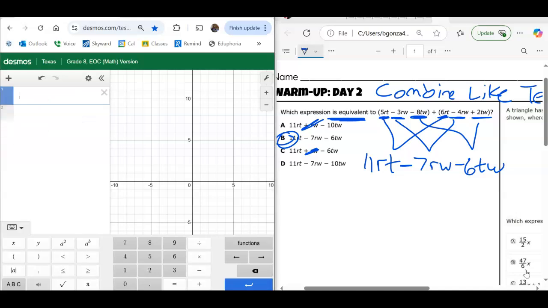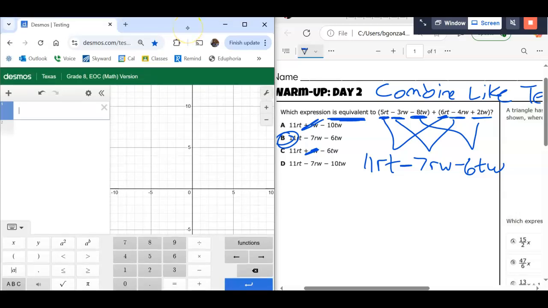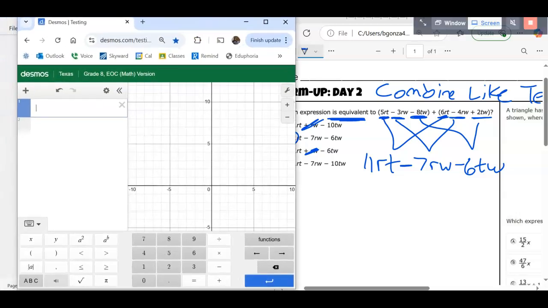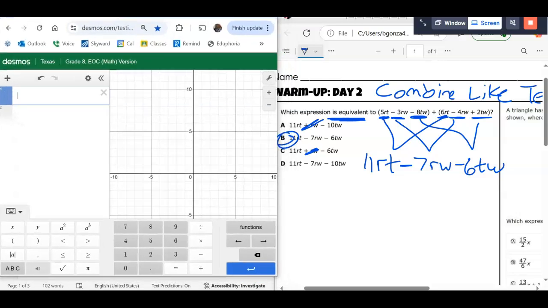Okay, when there's a bunch of different letters and it says equivalent, what you do is you type it in. Okay, just move this around. Okay, there we go.